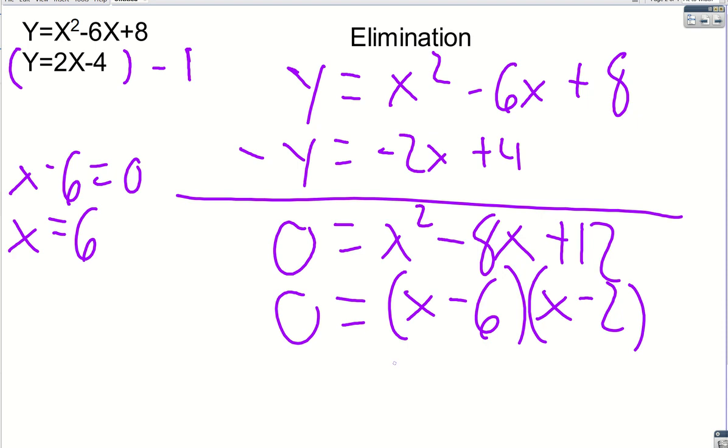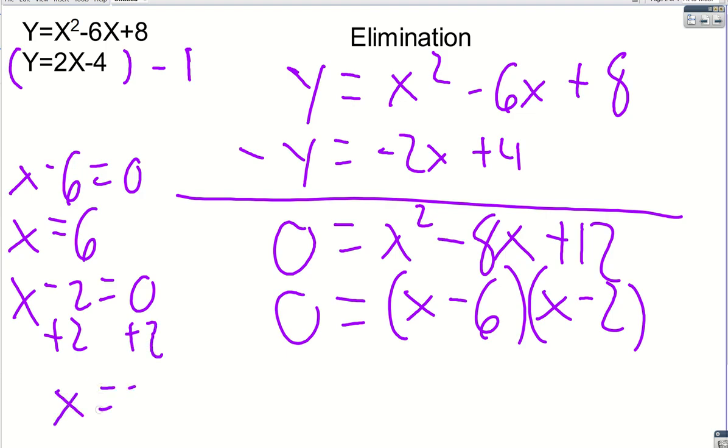And same thing, x minus 2 is equal to 0. Add 2 to both sides. x is equal to 2. Which means that the 2 points that these cross is at 6 and 2.